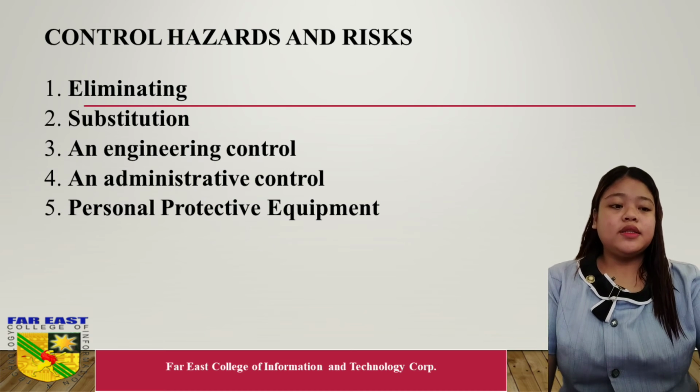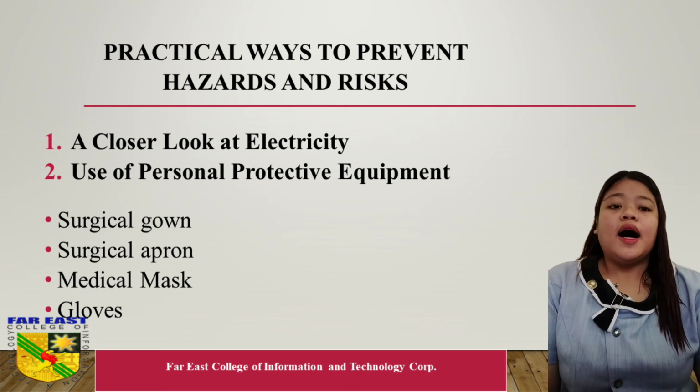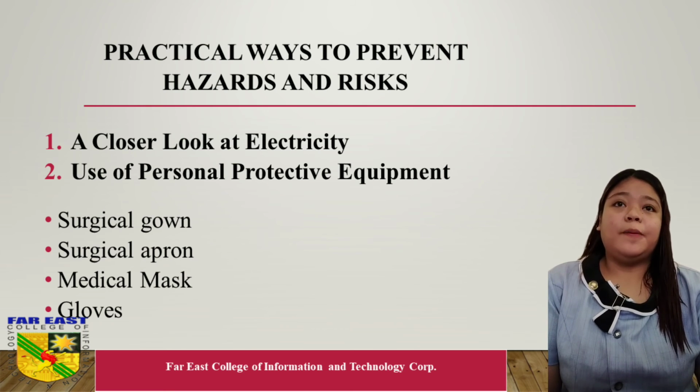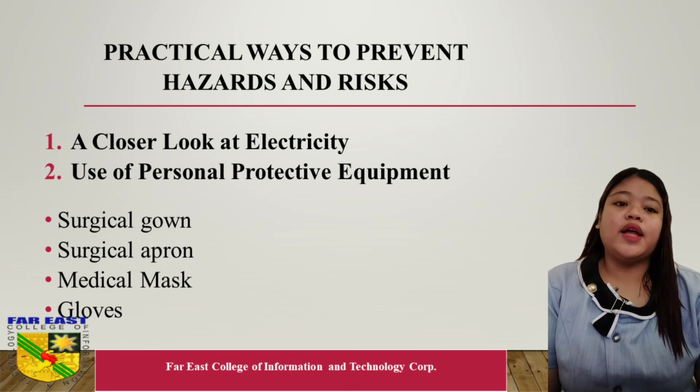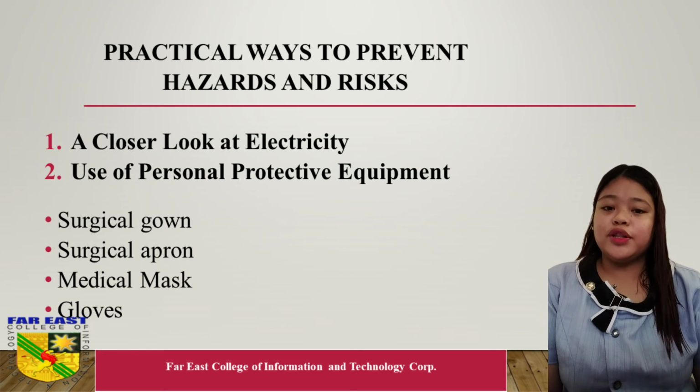Let us proceed to the practical ways to prevent hazard and risk. First, a closer look at electricity. What are the possible problems I may encounter when exposed to this kind of hazard? As common sense dictates, you have to ensure that all electrical equipment you use is in good condition.